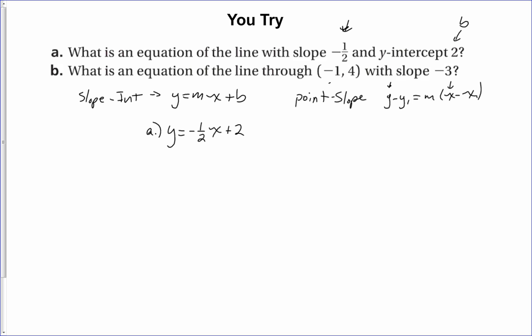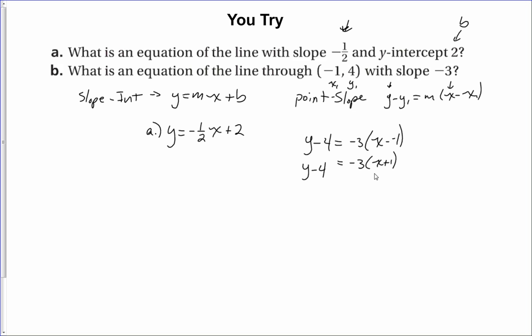So this is going to be our x1, this is going to be our y1 because we only have one point to work with. So this is going to be y minus 4 equals negative 3 times x minus negative 1. X minus negative 1 is x plus 1, so this is negative 3 times x plus 1. And then over here, the y minus 4 stays.